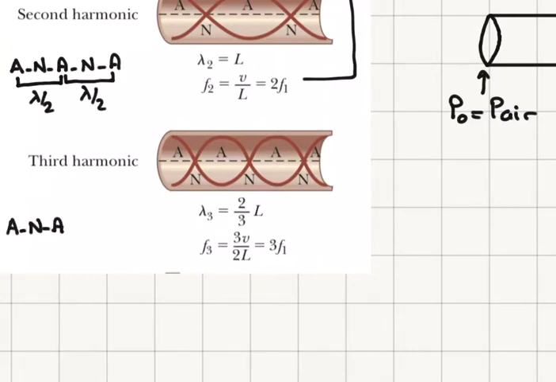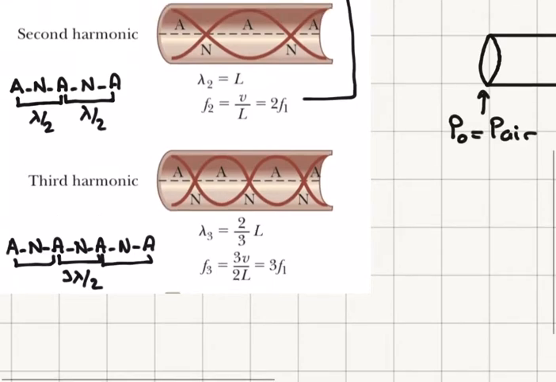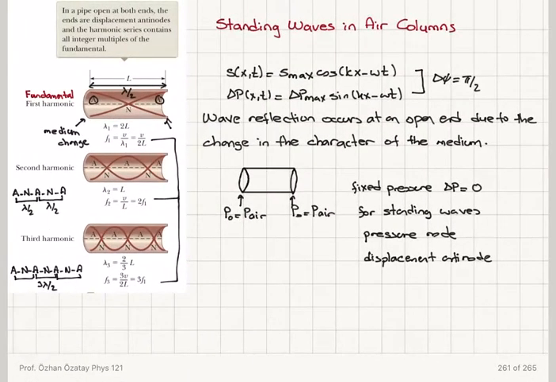And if I continue to the third harmonic, then I have lambda over 2, lambda over 2, lambda over 2. So 3 lambda over 2 should be equal to L. Therefore, lambda 3 is 2L over 3. The frequency is v divided by 2L over 3, so it's 3v over 2L. If I compare this with f1, I notice that it is 3 times f1.